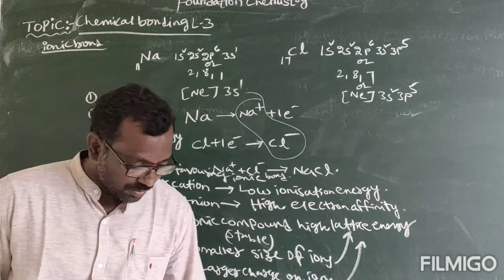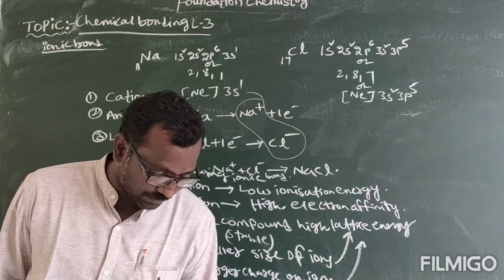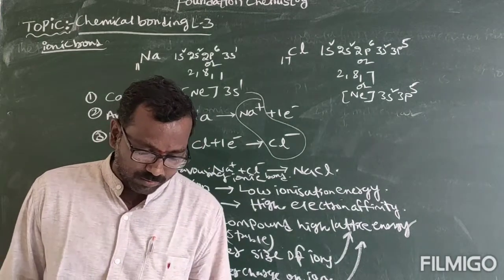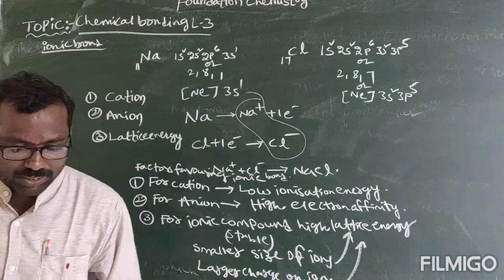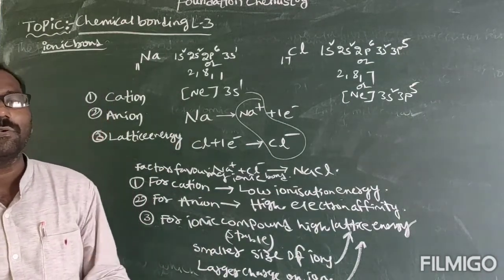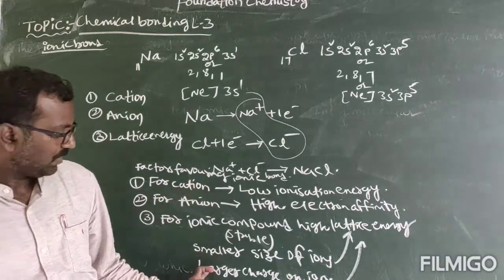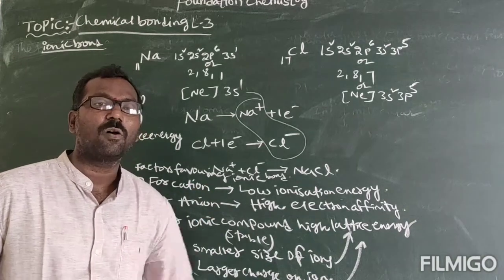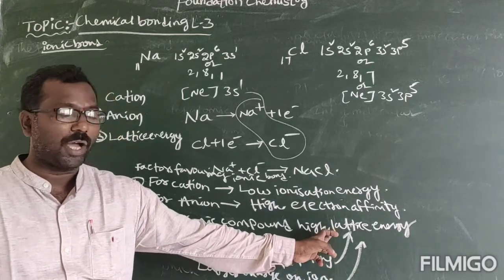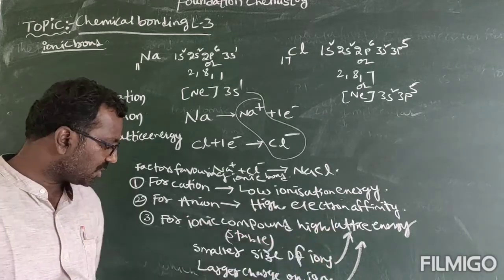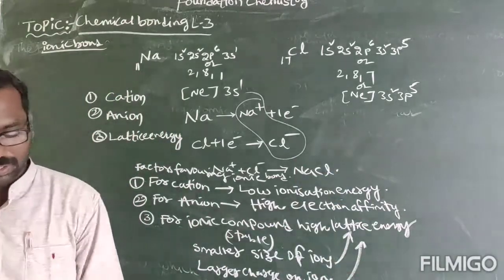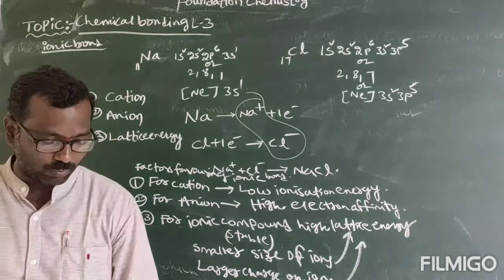Is it clear? If the size of the cation and the anion is very large, then they will form weaker bonds. Smaller size of the ions will favor the lattice energy, and larger charge will also favor the lattice energy. So these are the things we have.